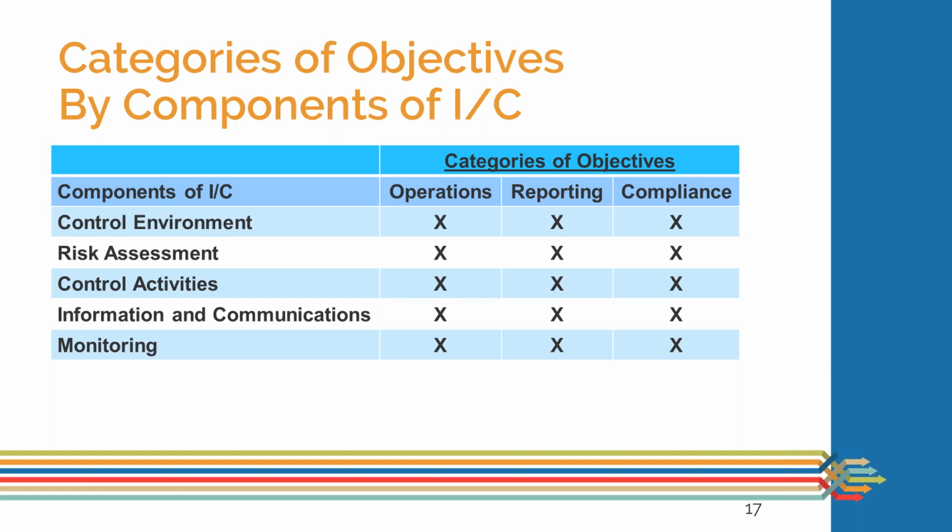As you can see in this chart, first there are the components of internal control, the 5 components again: control environment, risk assessment, control activities, information and communications, and monitoring. But as you can see on the table over here, each one of those has a component of operations, reporting, and compliance.